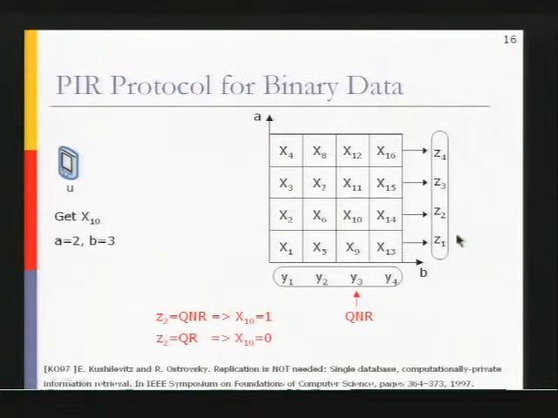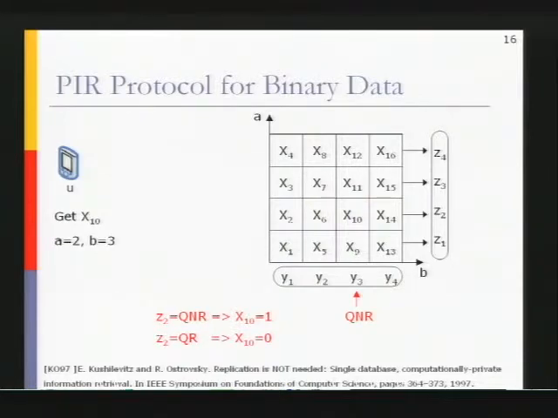The user will look at the value of Z2 and decide: if Z2 is a QNR, then X10 must have been 1. If Z2 is a QR, then it must have been 0. Is it clear why? So the intuition is the following. The only way I could have obtained a QNR is if Y3 is included in the product, right?